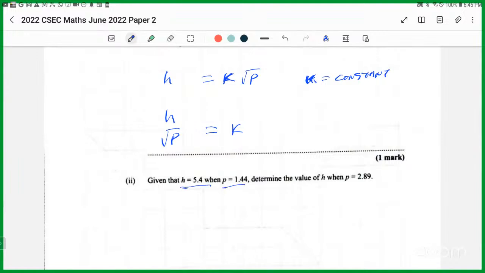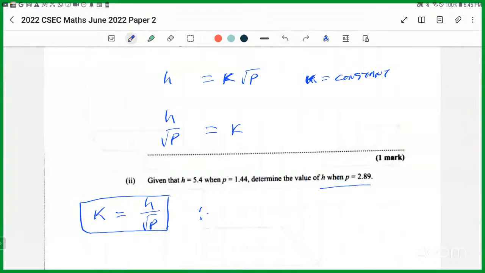And they're asking us basically for another pair where we know one of the parts of the pair and we're trying to find the unknown. So we can set up like this, right? See here, the k is always h over the square root of p. This is known. It means therefore that this h that we want over the square root of this value, this pair go together and this pair go together.